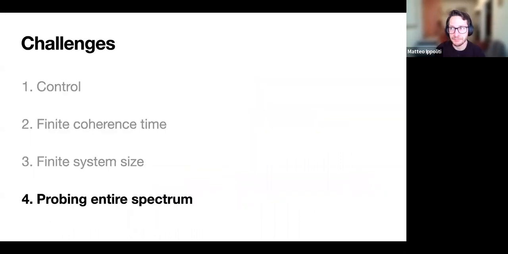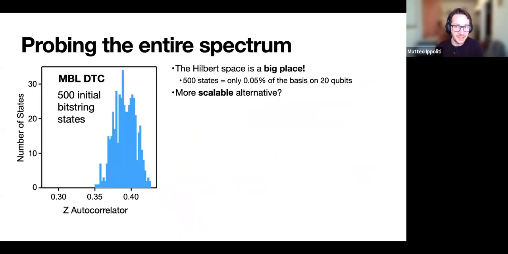And finally, for now we've focused on initializing particular bit streams and measuring single qubit expectations, but really we would like to get at something deeper, which is the behavior of the entire spectrum in this problem. A naive thing you might do is a brute force sampling of a bunch of bit strings, which our collaborators have done by looking at 500 states, which is a considerable amount of work, but even then is only probing a tiny fraction of the spectrum on 20 qubits, which is already about 1 million states, therefore a fractional percent, right?